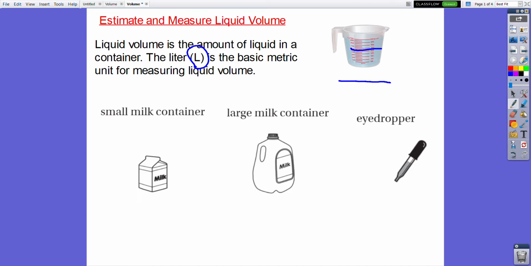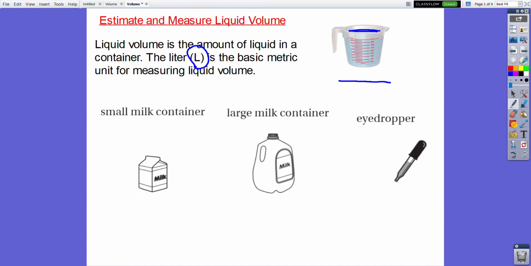I will not give an exact number. I will see, does this beaker hold the whole amount, so it's 1 liter, or less than, if I fill half of it, or sometimes I'm going to fill more than 1 liter, until the top.